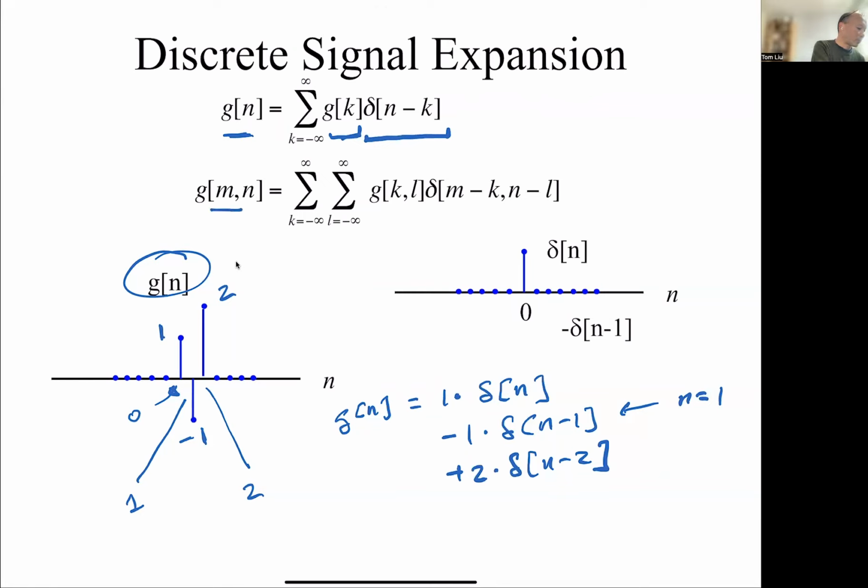Similarly, if I have a two-dimensional function, then I can have shifted versions of the 2D delta function, multiplying them by some value.